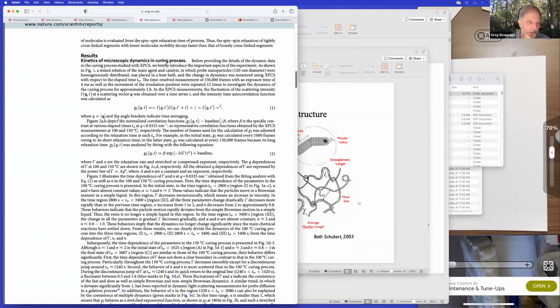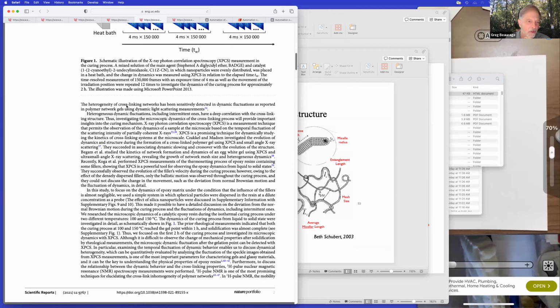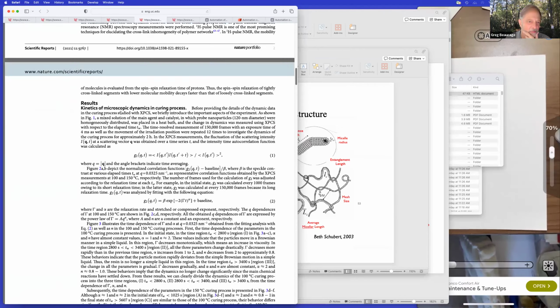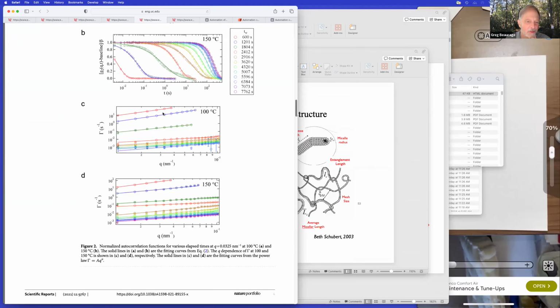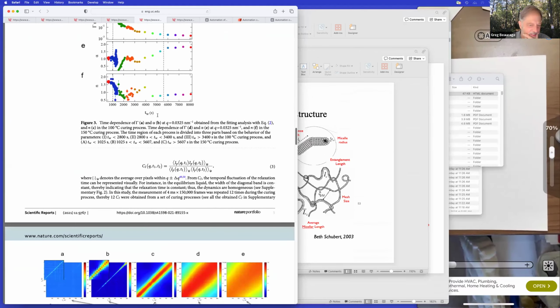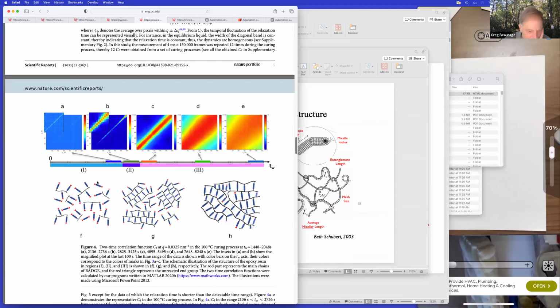They also do monodispersed particles. They also do more controlled curing. They have better graphics. And then they throw in what people do, kind of dressing it up into something more, putting in some philosophical element. Basically they're saying that as it cures, you're going to have regions of higher curing.